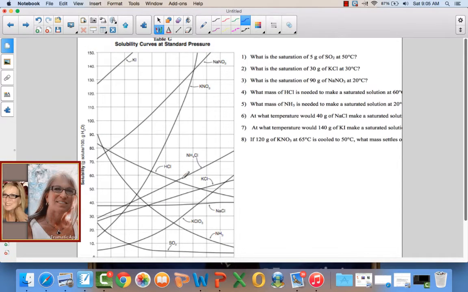So let's look at some standard Table G questions. Remember, first of all, that if my data point is right on the line, then this would be saturated. I always like to say I sat on the line.